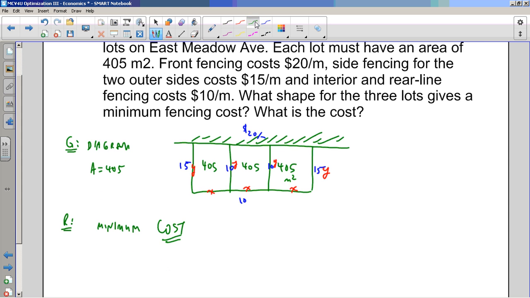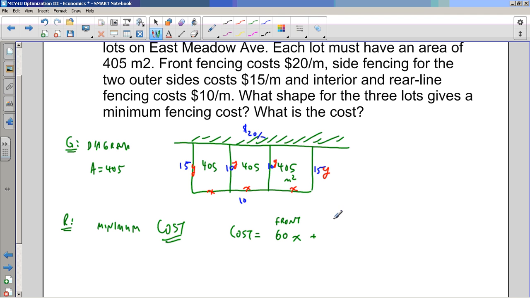And then the cost. If I start talking about the cost, I can break it up into pieces here. So the cost, let's say the front first. Well, each of these is X, and they cost $20 a meter. So if this is X meters, then this is 20X, 20X, 20X. That's 60X. Plus, let's say, what do we got?